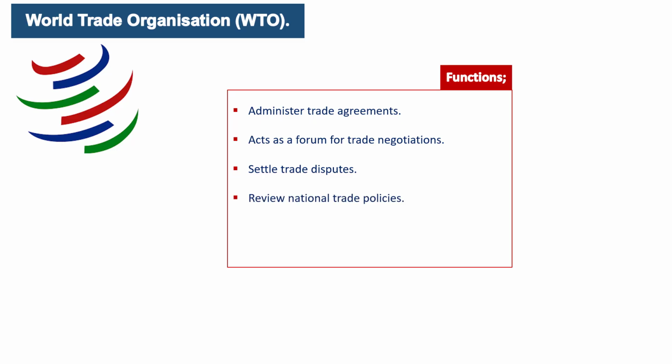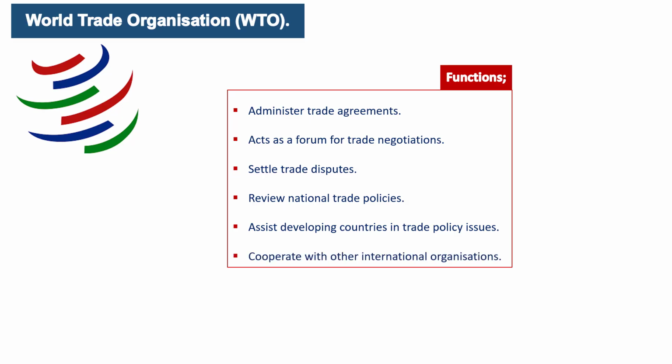And they will review national policies to ensure they facilitate international trade, not create bottlenecks. They also assist developing nations to enact policies that will position their countries to benefit from international trade. They also cooperate with other international organizations to smoothen the free flow of trade.